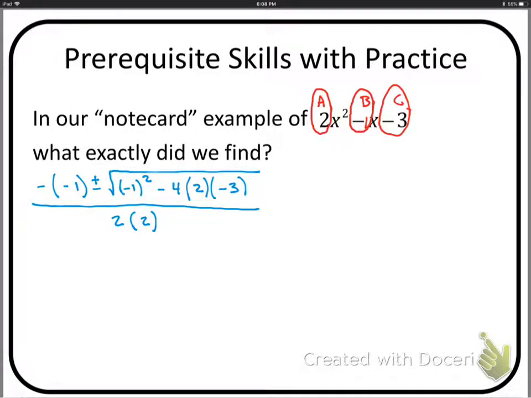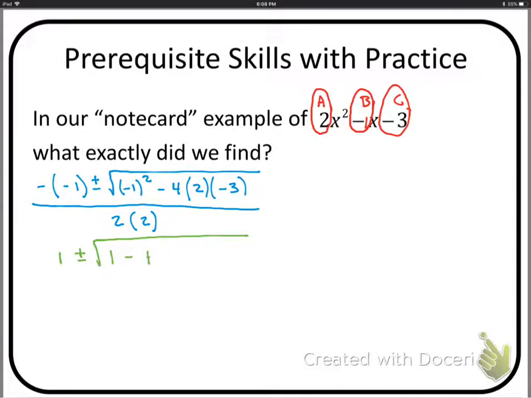Now we go on to simplifying everything. We're going to simplify this first. Negative times -1 gives us 1, plus or minus. Then we work on our square root, our discriminant section. -1 squared is -1 times -1, which gives us +1.